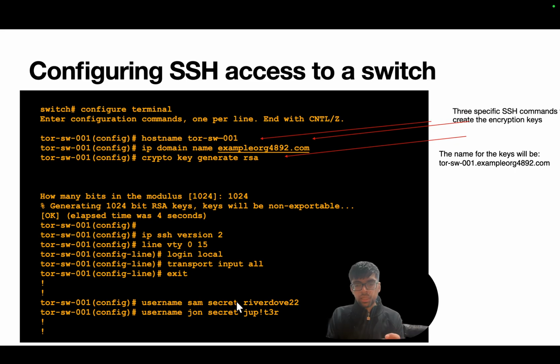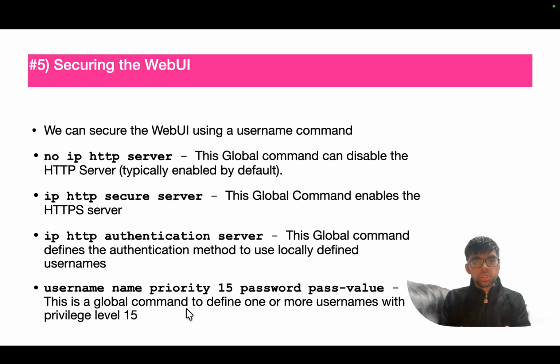So username Sam secret Riverdove2022. Username John secret Jupiter, spelled with special characters. So these are 2 SSH logins that have been configured here. So that's for configuring SSH access to a switch.